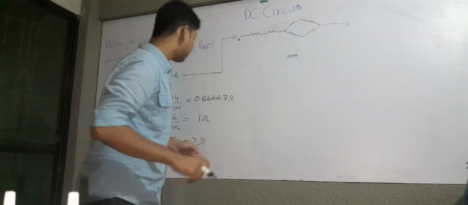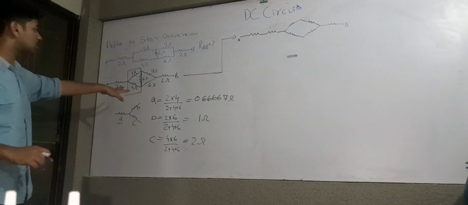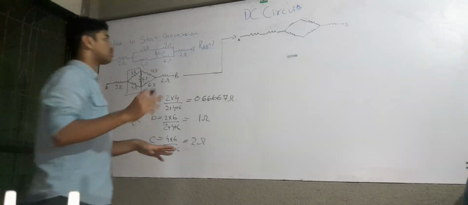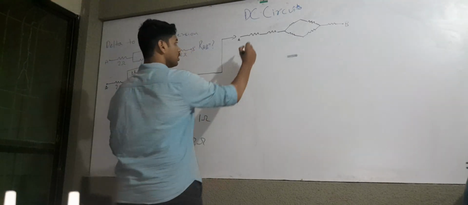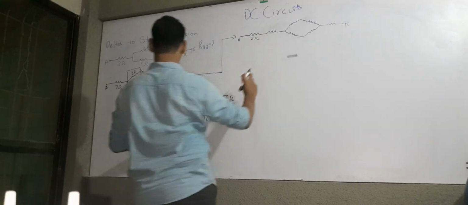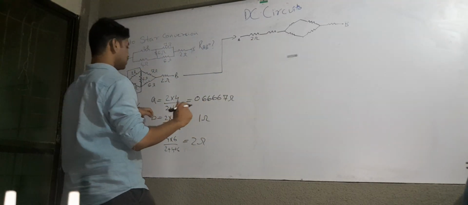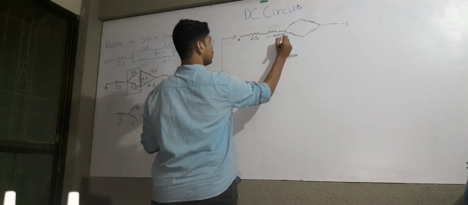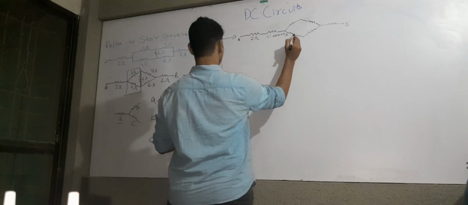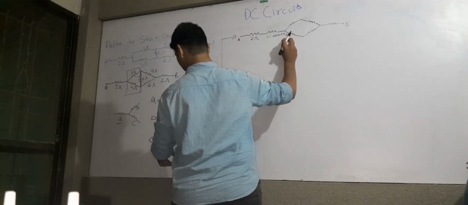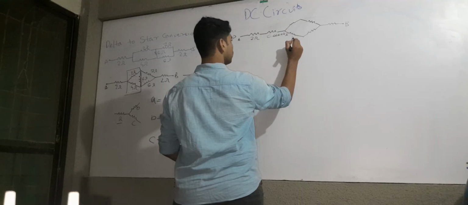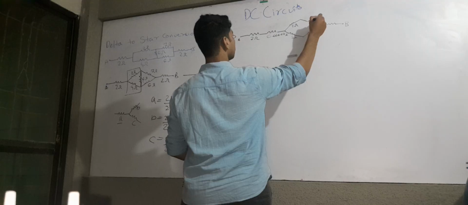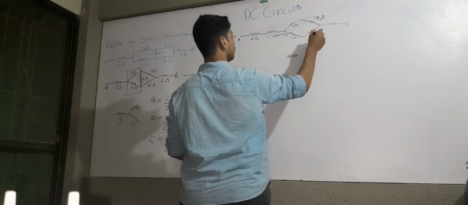That is the thing. People in such questions convert both of these into star and then solve it wrongly, so we must avoid that. And A right here is 0.66667 ohms. This C right here is 2 ohms, 1 ohm, and this one is 7 ohms, this one is 6 ohms.